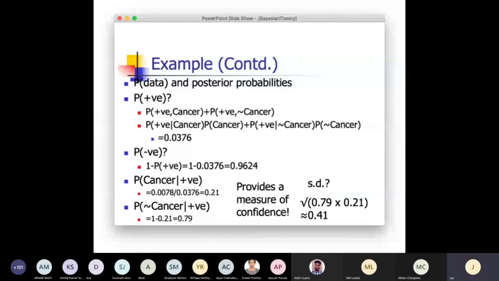Do you agree with this standard deviation computation, if you consider it a Bernoulli decision, a Bernoulli process? Yes, sir. So it is root over P into 1 minus P, right? And it is the same if you take the other one also.